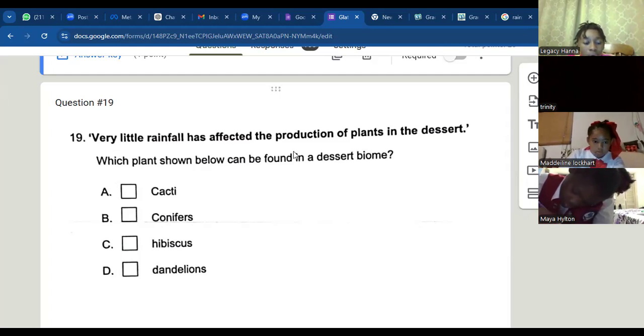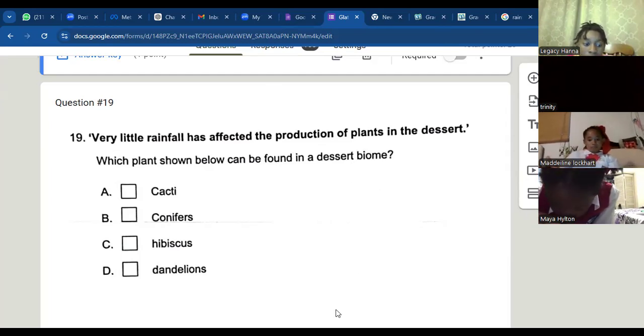Very little rain has affected the production of plants in the desert. Which plant can be found in the desert biome? All right. Put your answers in the chat for me, please.